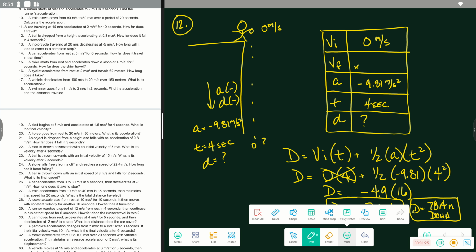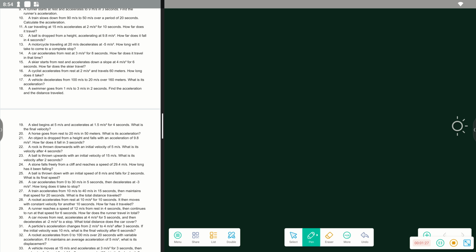So that's number 12. Number 13. A motorcycle is traveling 20 meters per second and it accelerates at negative 5 meters per second squared. How long will it take to come to a complete stop?